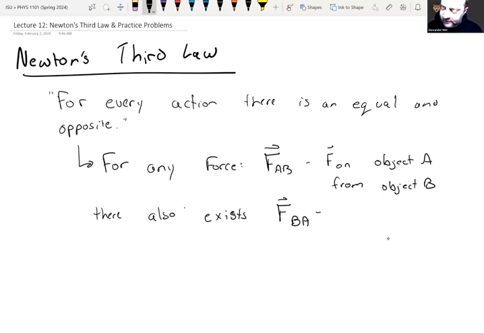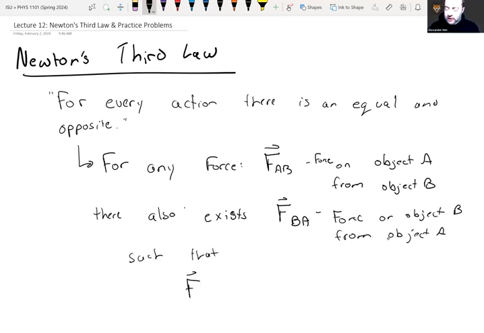And this is a force on object B from object A, such that, and this is the key, the force on A from B is opposite and equal to the force on B from A. Okay.